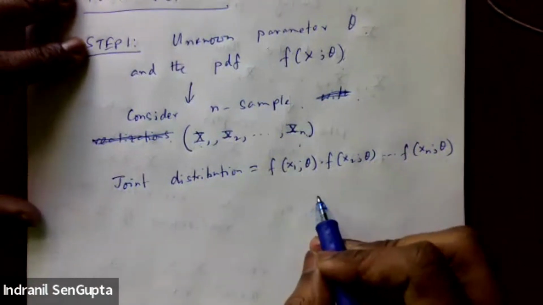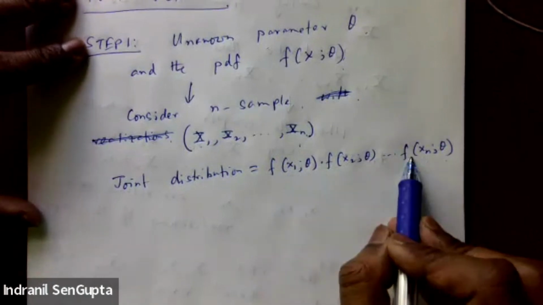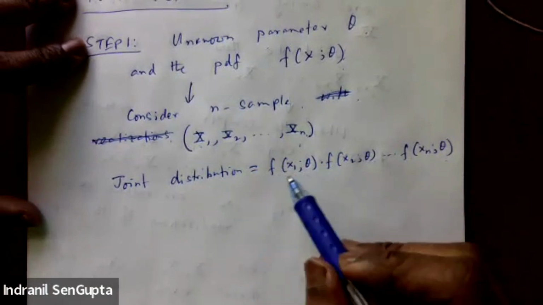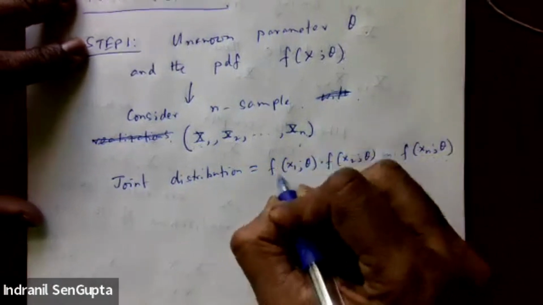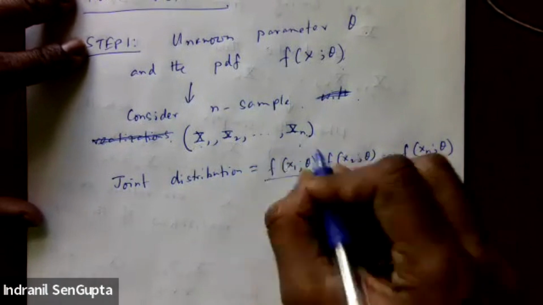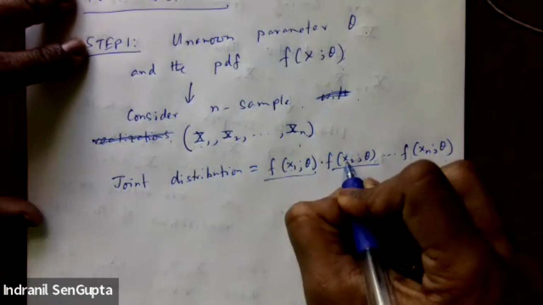Okay, I'm just using different letters to signify that they are from different distributions. So for the first one, f of x1 theta, the variable is x1 for the PDF. For f of x2 theta, the variable is x2.